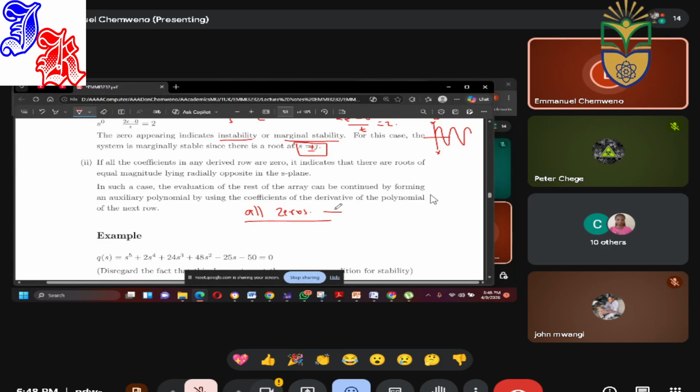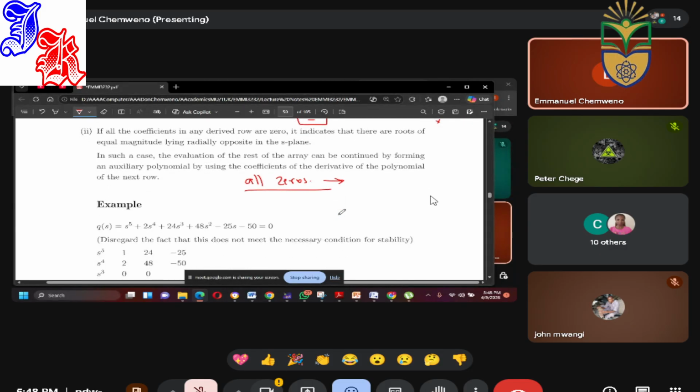Once you have a row of all zeros, you have to define some auxiliary polynomial, which is based on the row above the row with zeros.